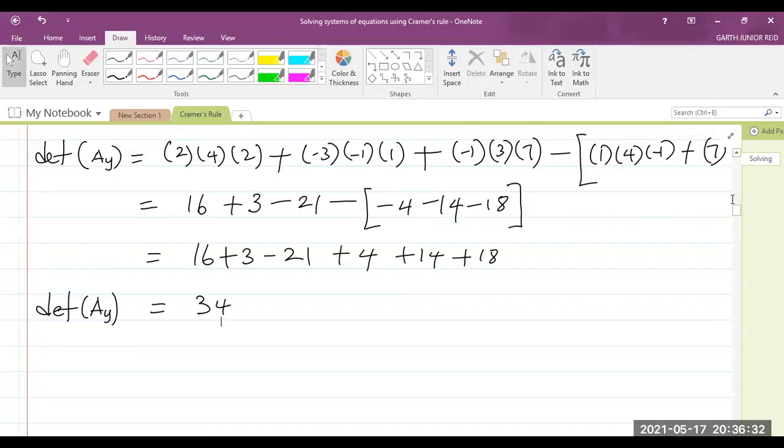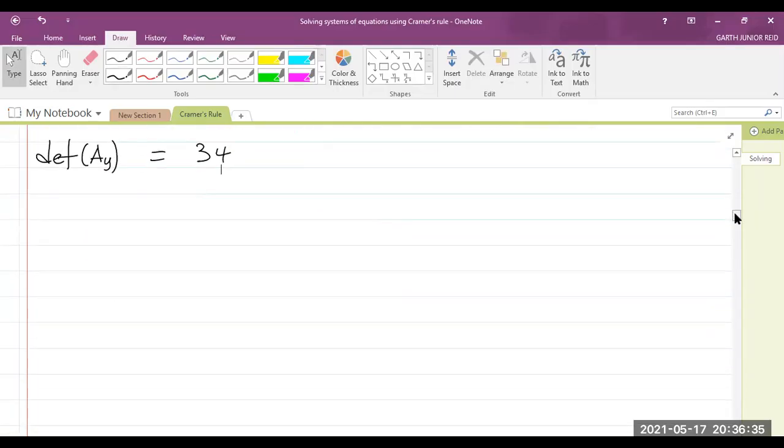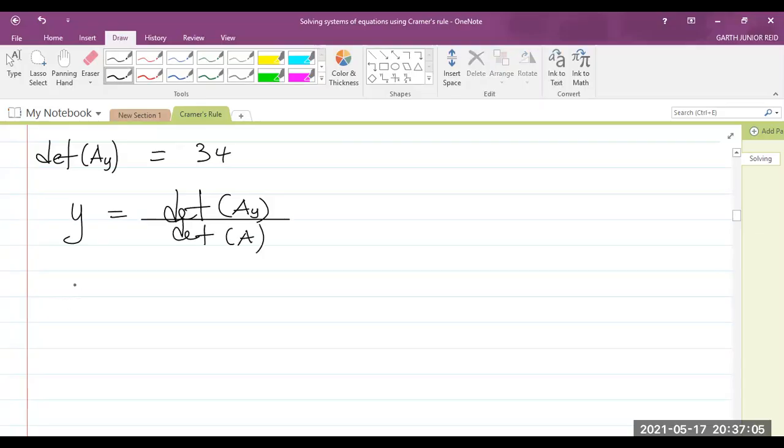All right, good. Now that we have the determinant of the matrix AY and the determinant of the matrix A, Cramer's rule says that if I want to find the value of y, it is equal to the determinant of the matrix AY divided by the determinant of A. The determinant of AY we just calculated is 34.